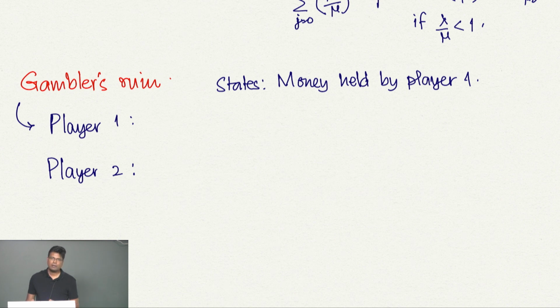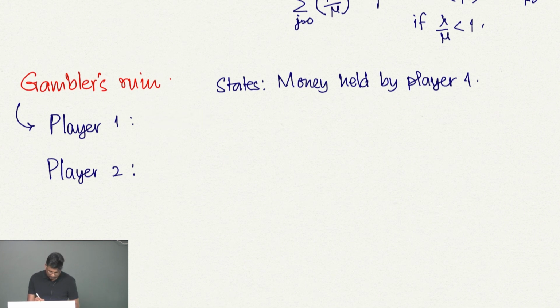So I'll define what the game is now. For me, I am going to define my Markov chain as money held by a particular player. So the game is: player 1 wins if he gains L2 money.